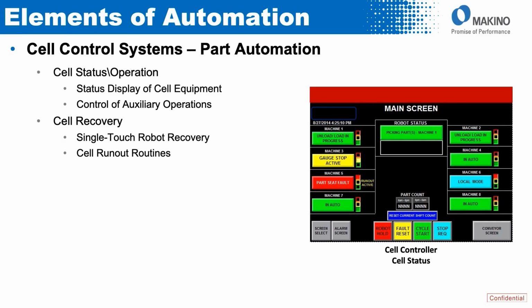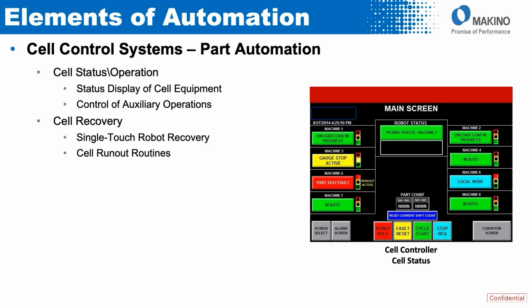And then along with that, we've developed cell run-out routines. So if you've got multiple operations on a fixture, op 10 and op 20, and you want to run that fixture out, or you want to run that cell out, you can select that through our cell controller. It will take the finished 10 off and put it on the 20, but it will not load the op 10. It will cycle all those parts through until the machine is empty, and then it'll take the machine offline.